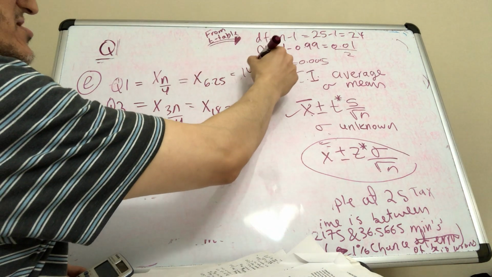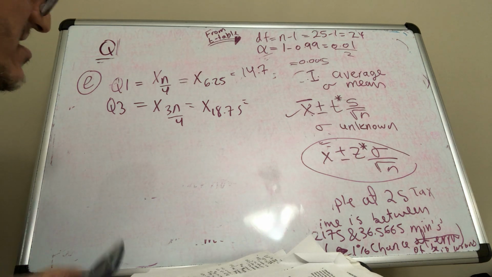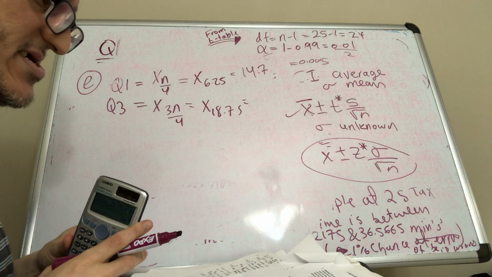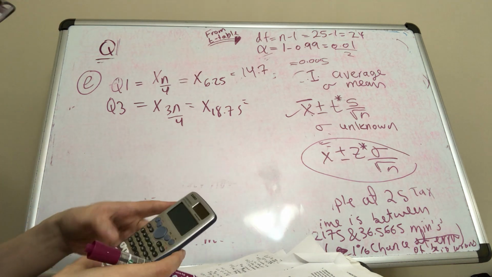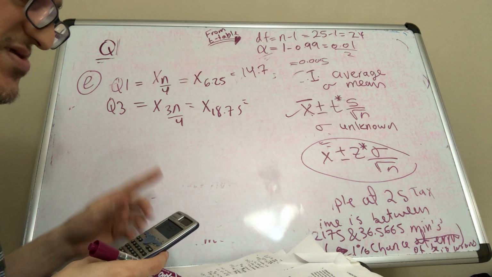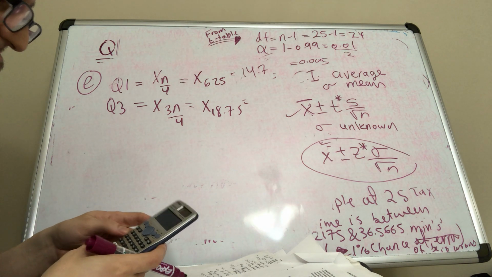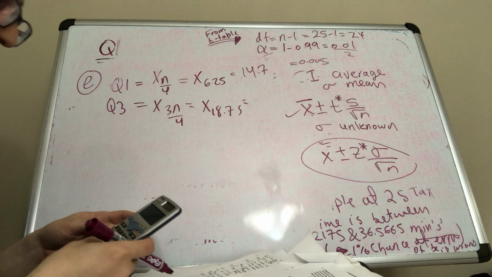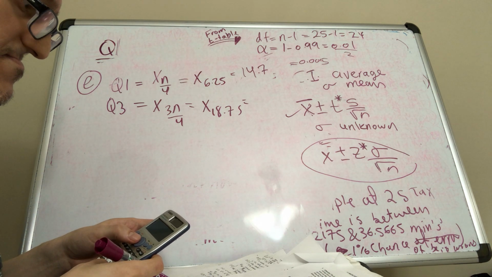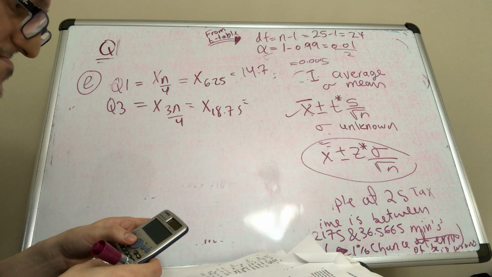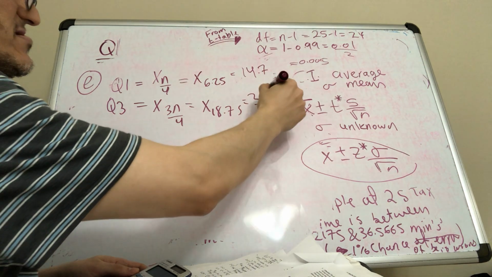This would be 14.7. I'm doing it the same way I did it in the previous example. The number that's in the 18th position is 39, plus 75% of the difference between the 18th and the 19th. And that would be 39.6.